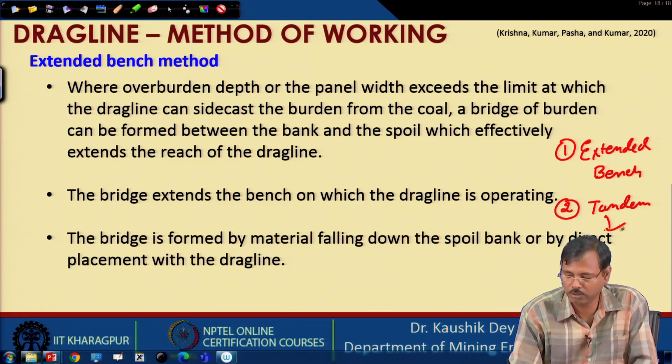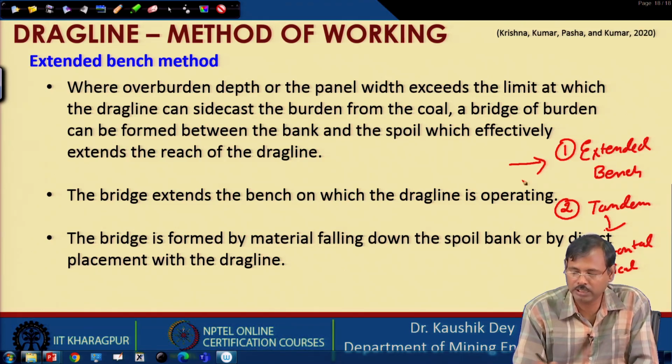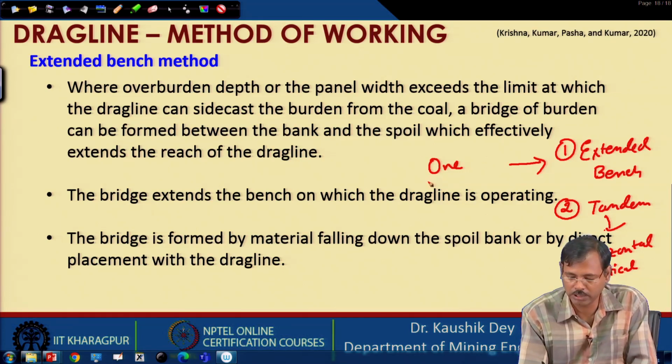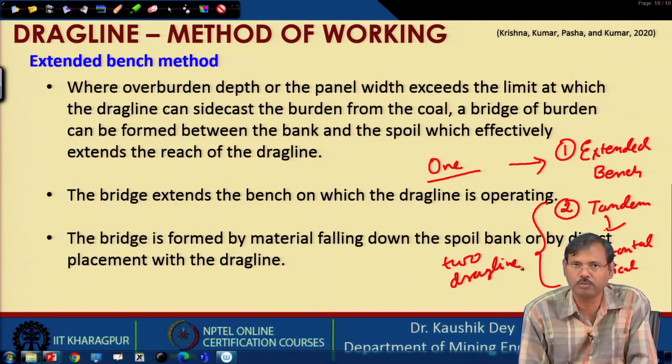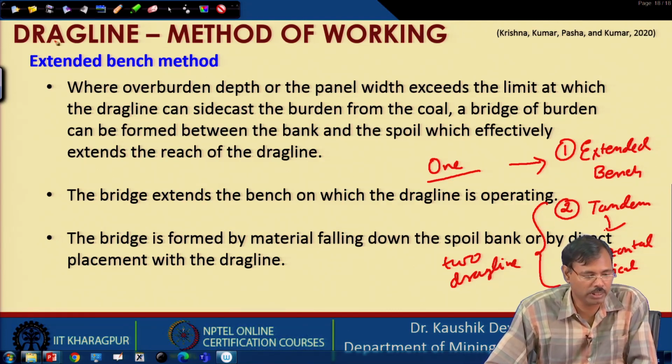In this we have two, one is the horizontal tandem method and the other is the vertical tandem method. In the extended bench method, we use one drag line, we can use multiple drag lines also, but in the tandem method we need at least two drag lines for this operation, where the second drag line walks behind the first drag line. So, this is the way we do.